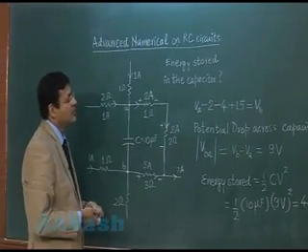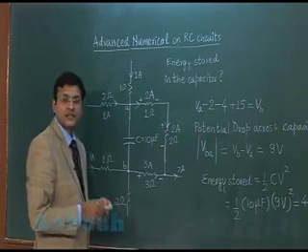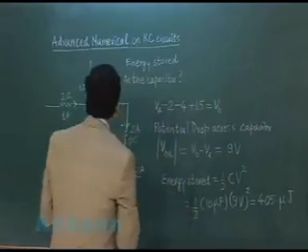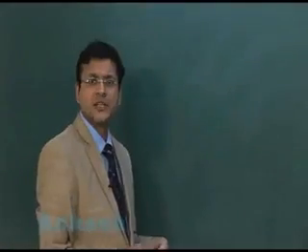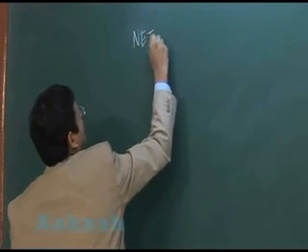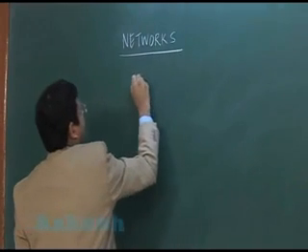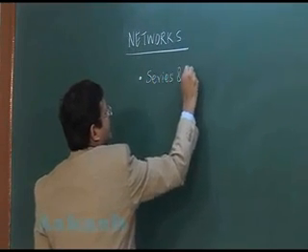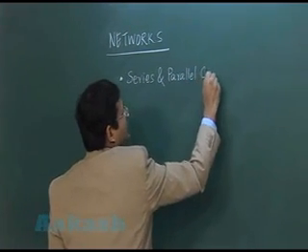Now before I move ahead, let us summarize what all we discussed in the lecture today. In this lecture of networks, first we saw the series and parallel combination of resistors.